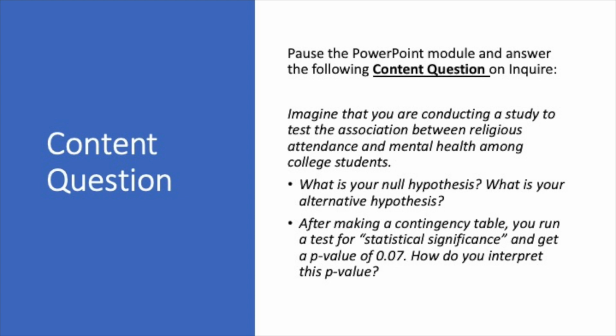Let's say you make a contingency table and then you run a test for statistical significance. We haven't talked about what these exact tests are yet. And you get a p-value of 0.07. How are you going to interpret this p-value? Okay, so you can pause the module here and answer this content question on Inquire.